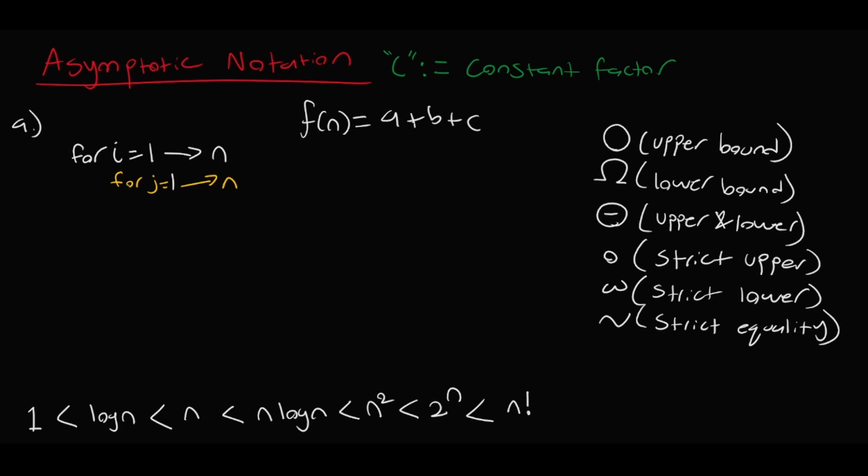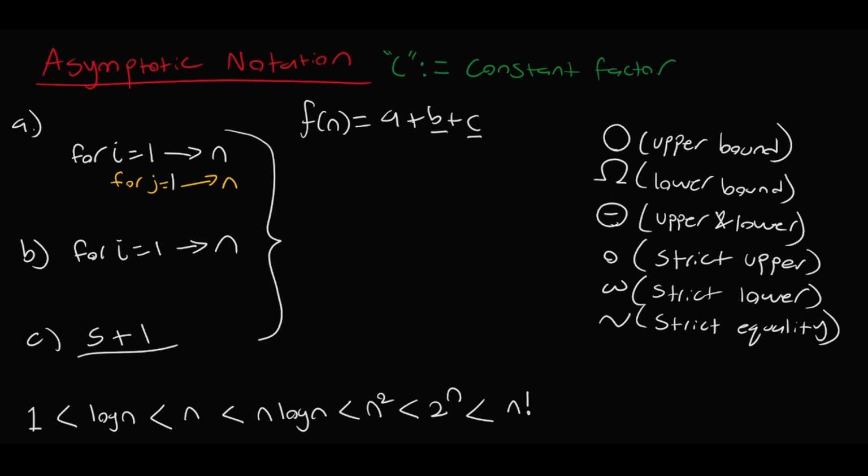But let's flesh out b and c. Let's say b was just a regular for loop, I is equal to 1, goes to n, and then c is just 5. It just performs the function 5 plus 1. So we already evaluated this. We put this as I here.